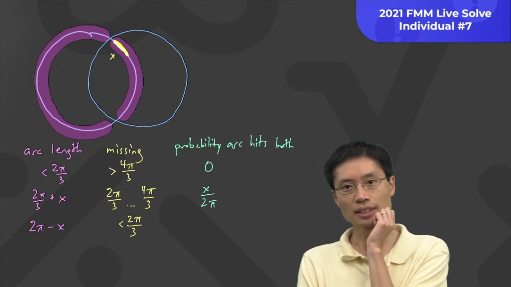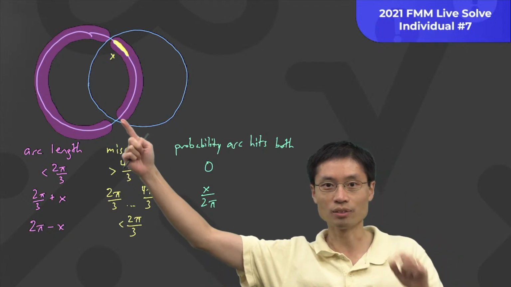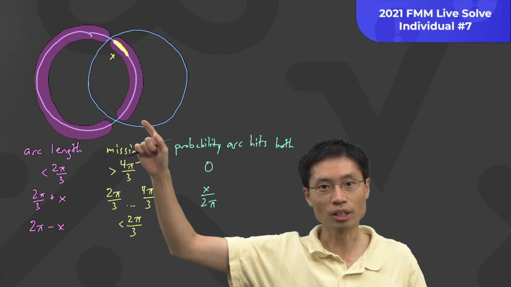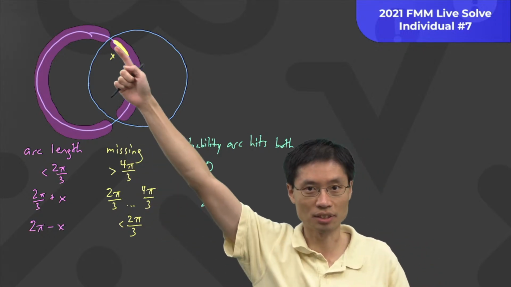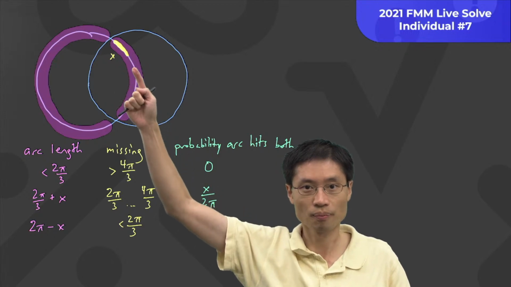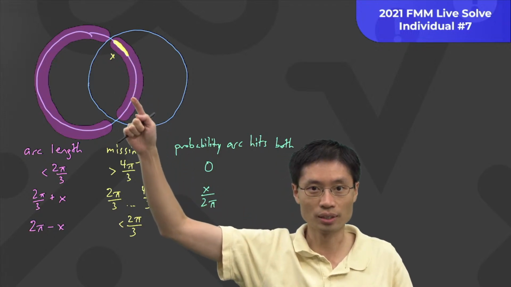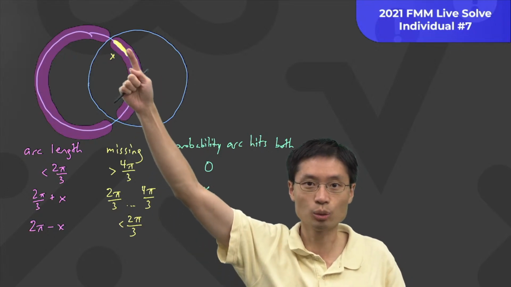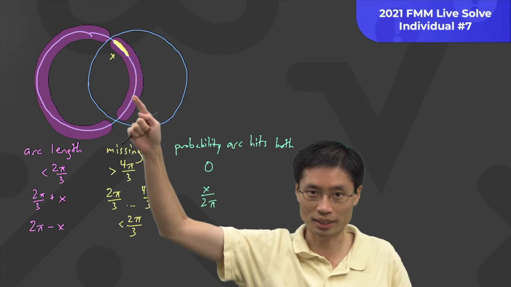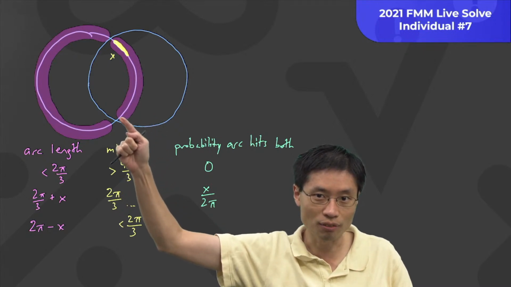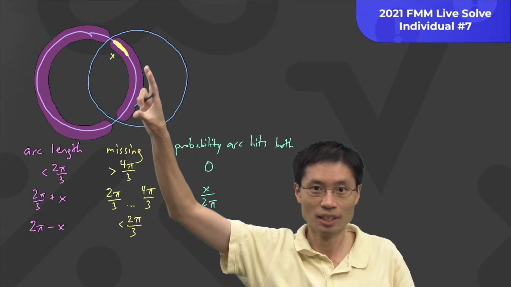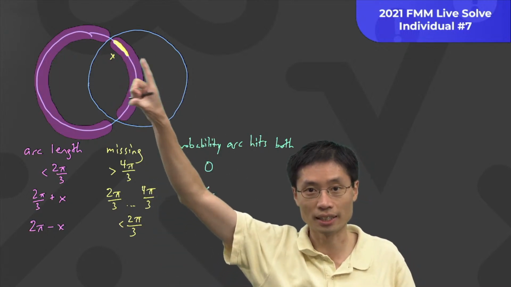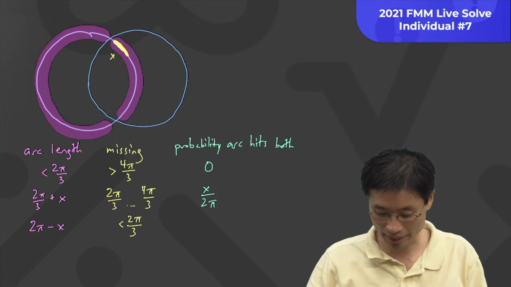Now, if my thing is x long, and there's 2 pi over 3 total space, then I have a length of 2 pi over 3 minus x for which I can start and still do an x and still fit inside this 2 pi over 3. So in order for me to have my missing thing entirely lie inside there, that is 2 pi over 3 minus x.